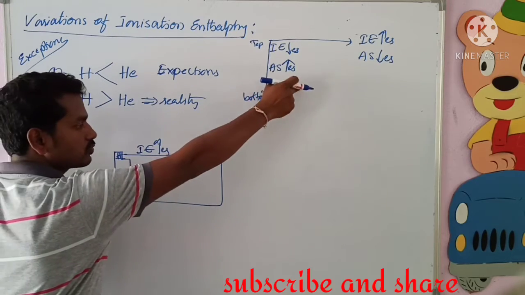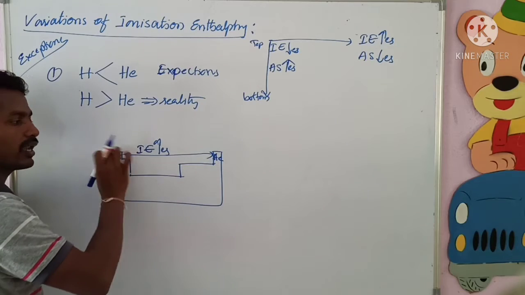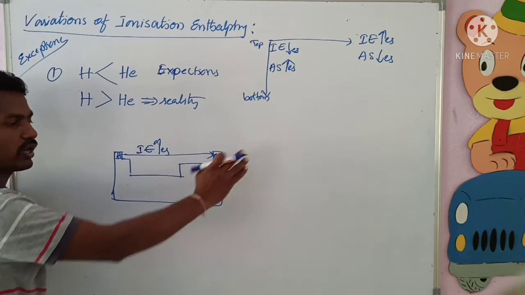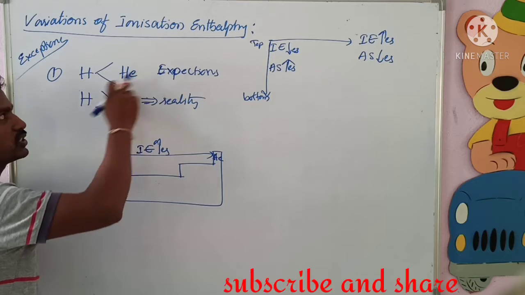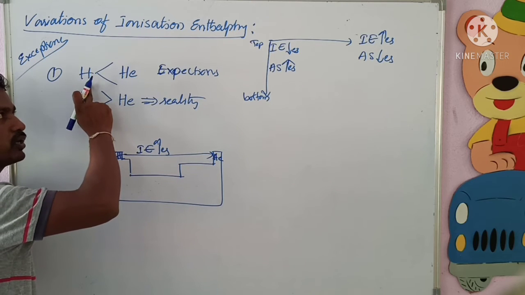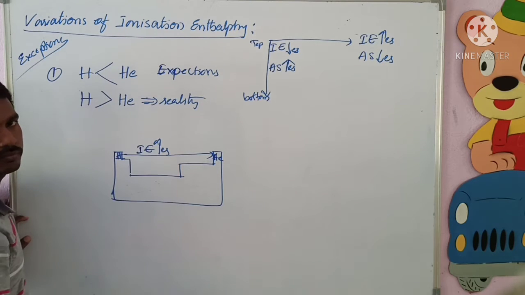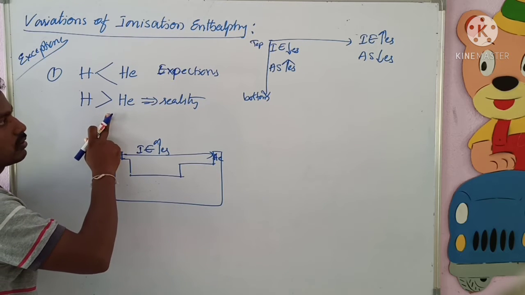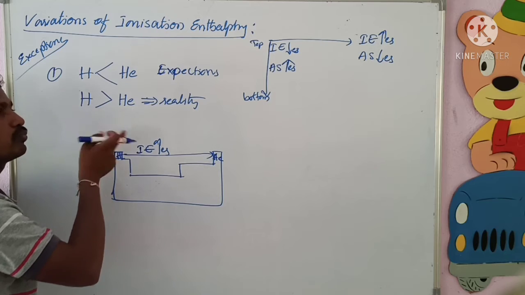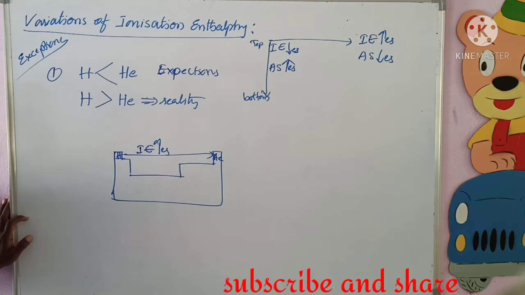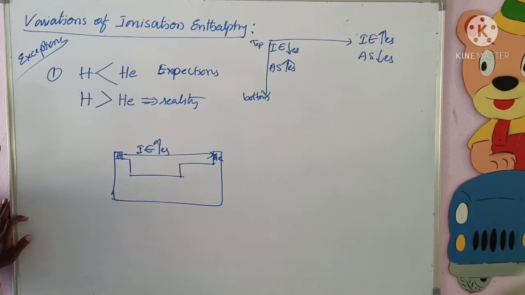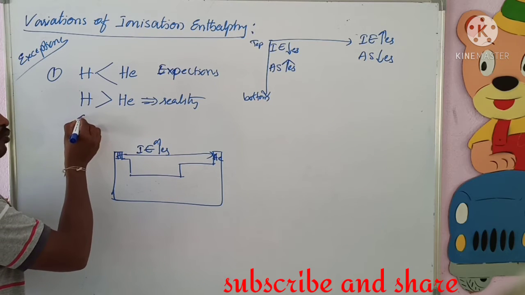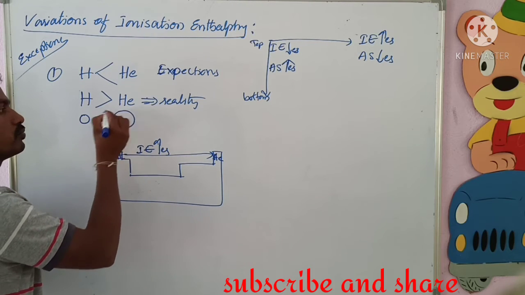Based on this data, these elements are arranged in a single period from left to right, so our expectation is that hydrogen has less ionization energy than helium. But the reality is that hydrogen has a higher value than helium, because of atomic size. Hydrogen has a smaller size than helium.